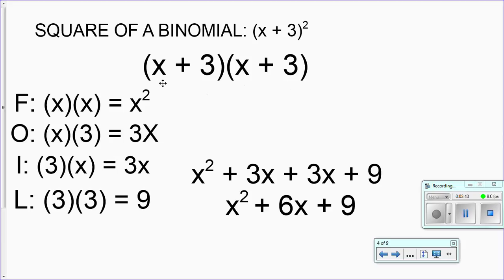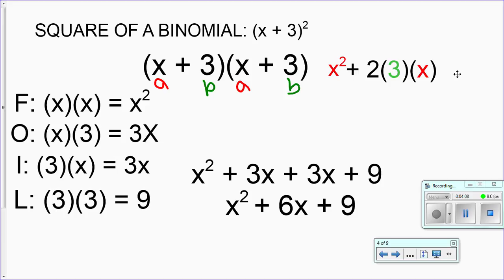Now, if you decided to go the shortcut method, you would have saved time, that's for sure. If you look at it, the x is a, and the 3 is your b. So the shortcut says a squared. If our a is x, we just need to write x squared. Plus 2 times a times b, or b times a, whatever you want to do. Doesn't matter. So 2 times 3 times x will simplify to be 6x, just like ours.